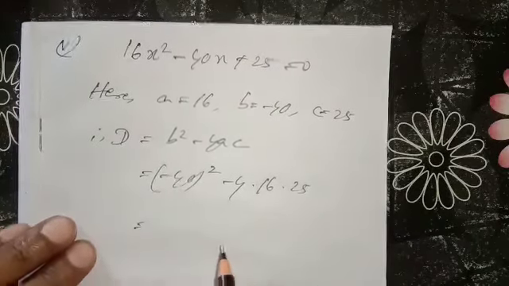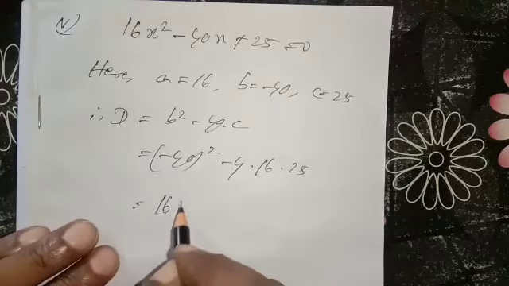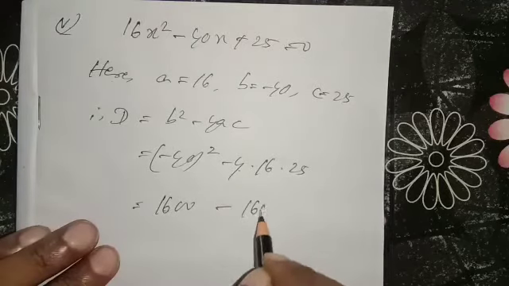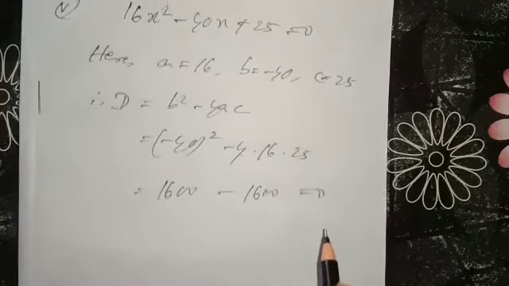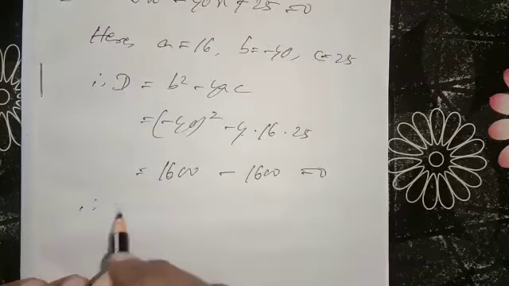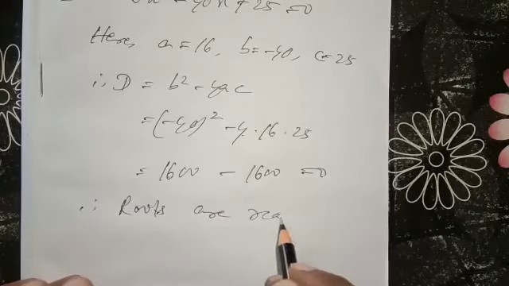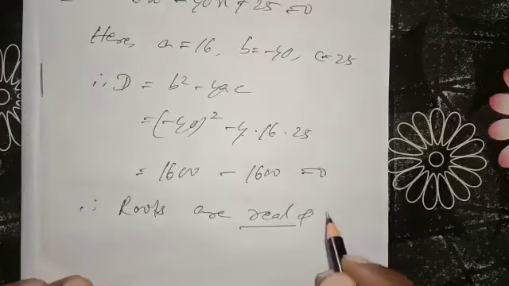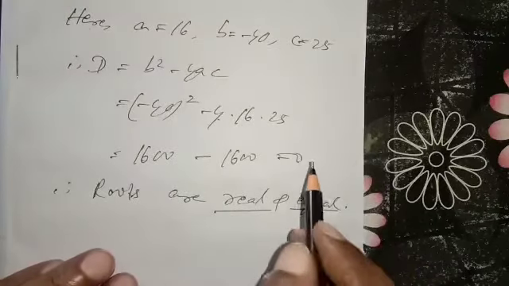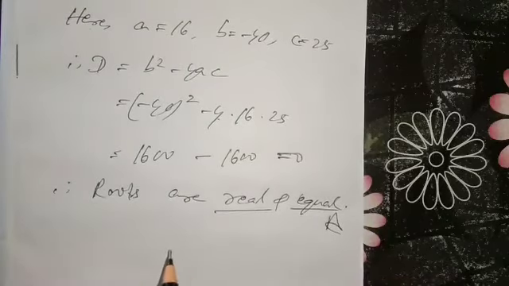This is coming minus 40 whole square means 1600, and 4 25's are 100, 100 into 16, that is minus 1600 coming 0. Discriminant is coming 0. As the discriminant is coming 0, therefore roots are real and equal. Whenever discriminant coming 0, the roots are real and equal.